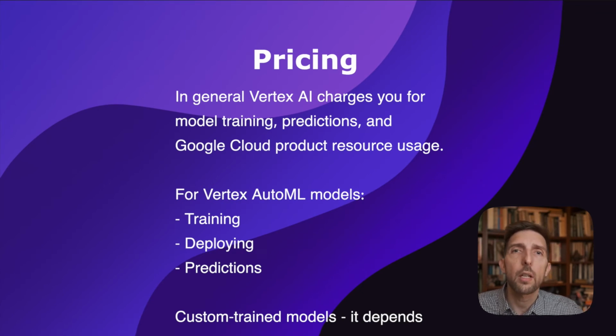For custom trained models, it depends on a lot of things. For example, the machine type, how many VMs to use, where you use it, in which region. Also, if you use compute engine machine types and attach accelerators like NVIDIA Tensor Core GPUs, the cost of the accelerators is separate. The cost of predictions and explanations also varies based on your choice of machine.